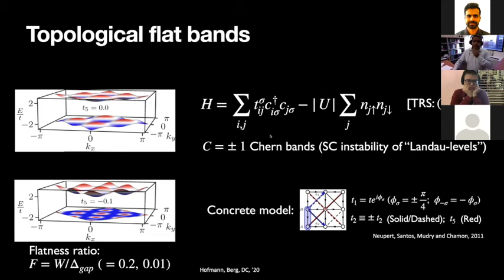Okay, so the setup that we have in mind is basically some kind of a lattice model for Chern bands. So plus or minus one Chern bands, but now I also introduce spin so that the system as a whole is time reversal symmetric. So if I have up spin forming a C=1 band, I also have a down spin forming a C=-1 band.